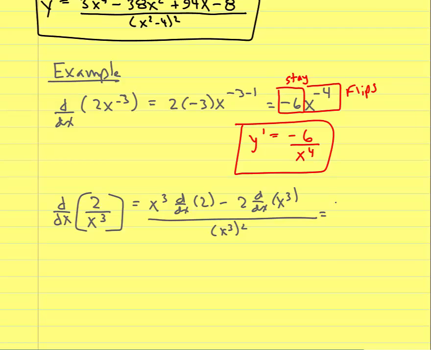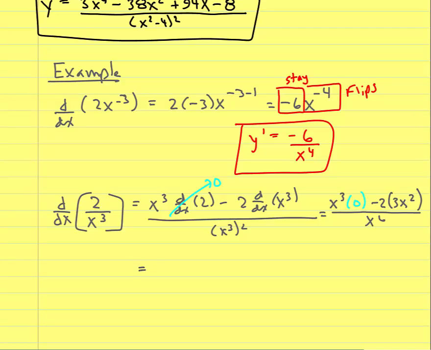Okay, so x cubed. Now the derivative of 2, that's the derivative of a constant, that's 0. So this would be x cubed times 0 minus 2 times the derivative of x cubed. I'd bring the 3 down, decrease the exponent by 1, so minus 3x squared. This is all over x to the 6th.